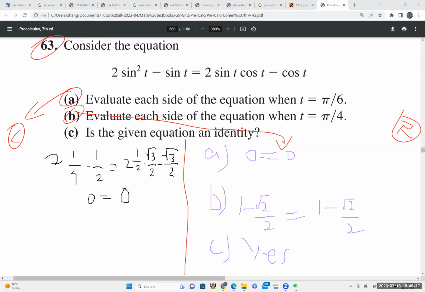Ray, why do you think it's an identity? Because they're equal. What does identity mean? It means t can take any value, the equation is always true, right? Then we call it identity. Are you sure they are equal always, or just sometimes?